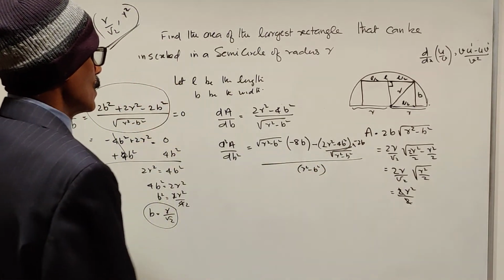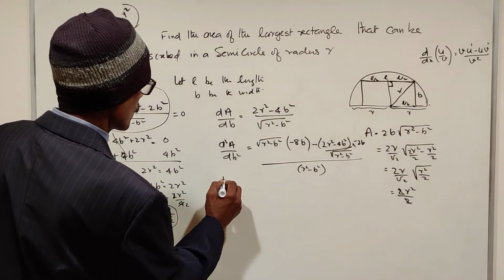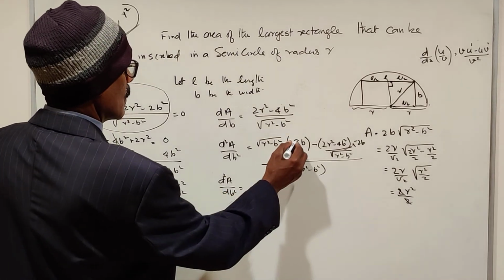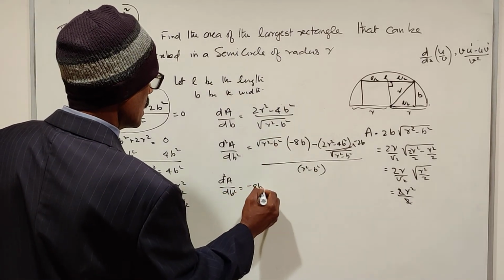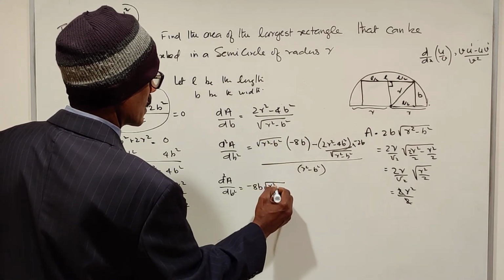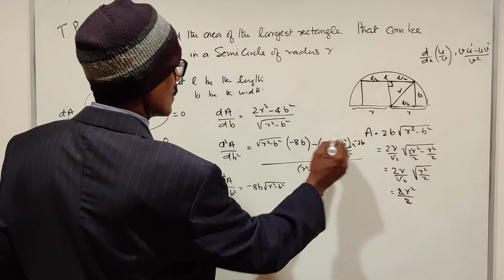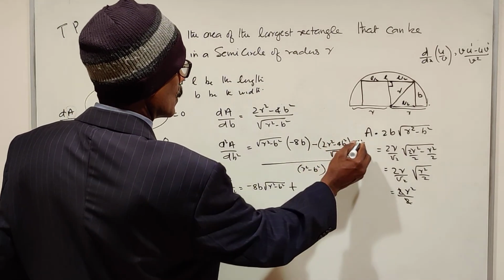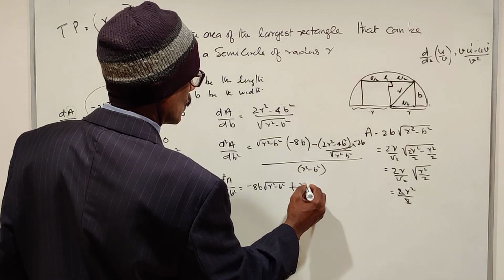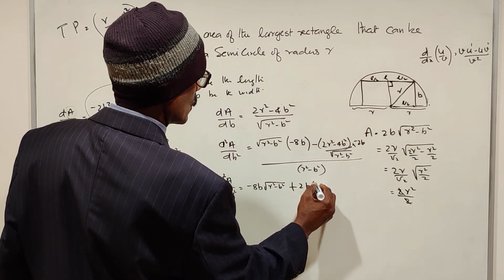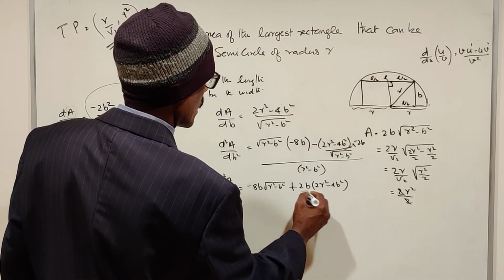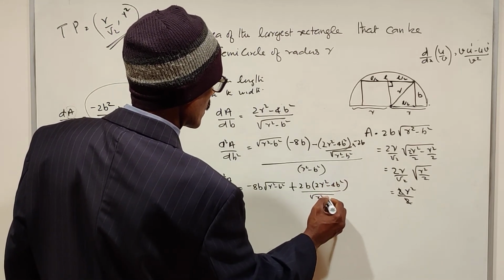So here d²A/dB² equals minus 8b into square root of r² − b², then minus into minus plus 2b into 2r² − 4b², by square root of r² − b².